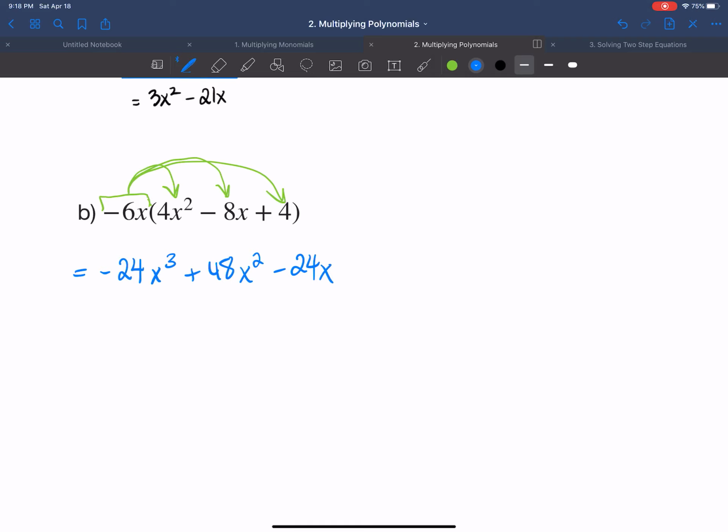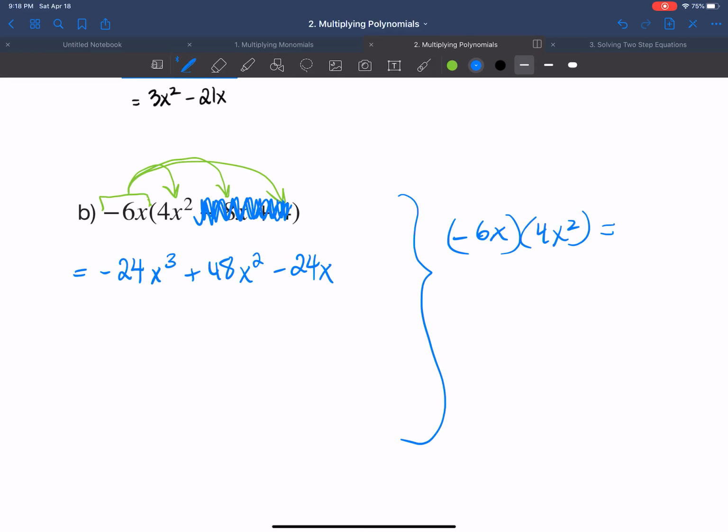Okay, I'm going to show you the calculations on the side here, just in case. So for this first part here, ignore all of this. It's like you have 3 different questions almost. I'm just multiplying these two terms here. Negative 6x times 4x squared.